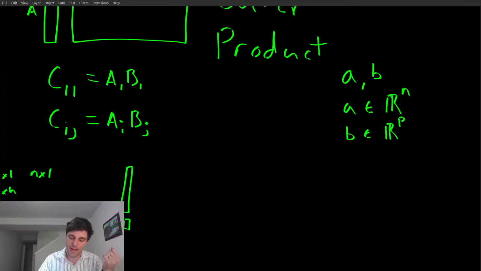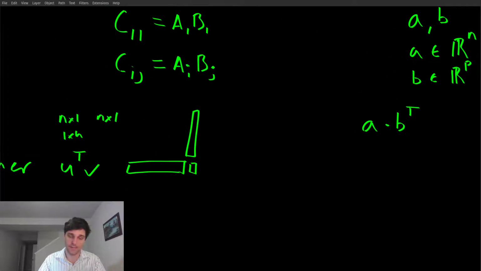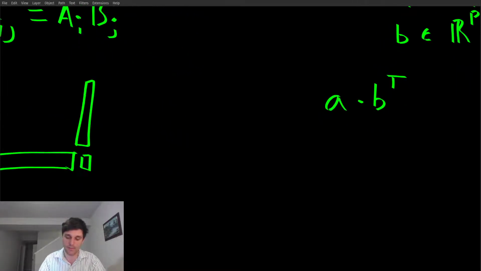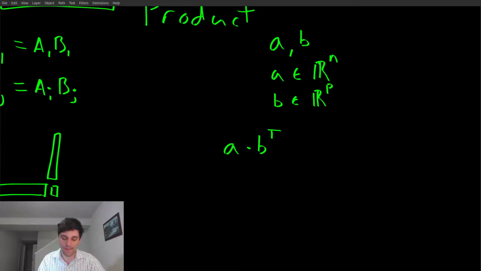And then I say A times B transpose, instead of U transpose times V like I did over here. So A is an n by 1 and B is a p by 1, so it flips around to be 1 by p.